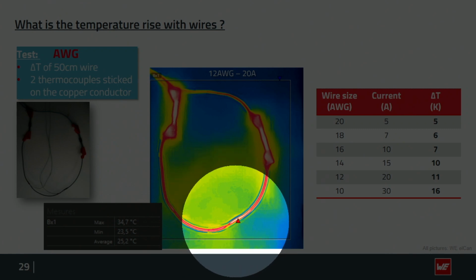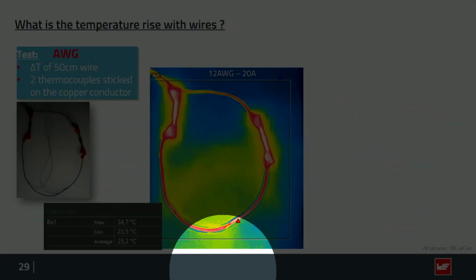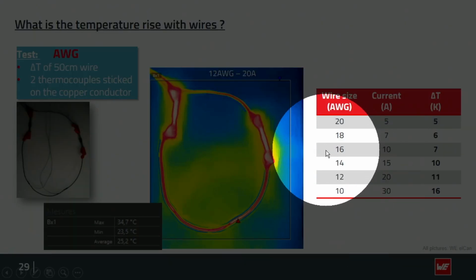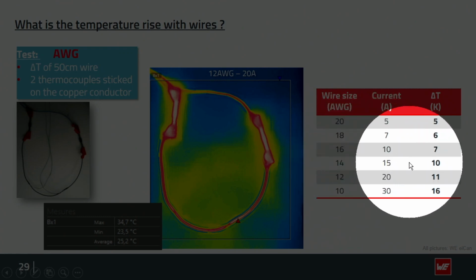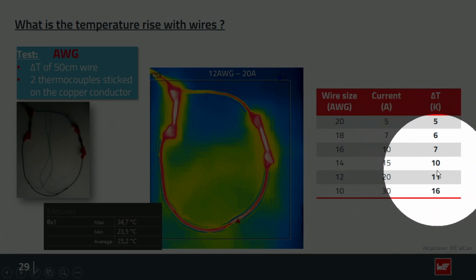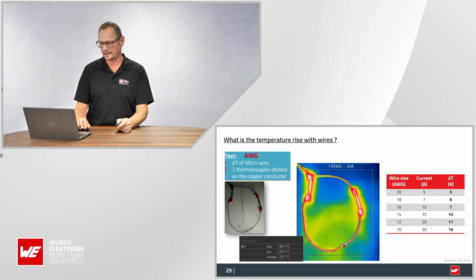It's just white here, showing as hotter, because the insulation has been removed. What's important to see is the table on the right-hand side. If you look at the wire size given in AWG, referring here to AWG 16, which is allowed to run with 10 amps, the delta T should be around 7 Kelvin.